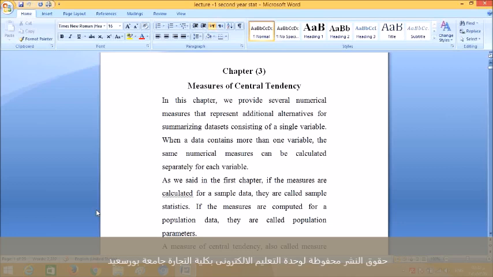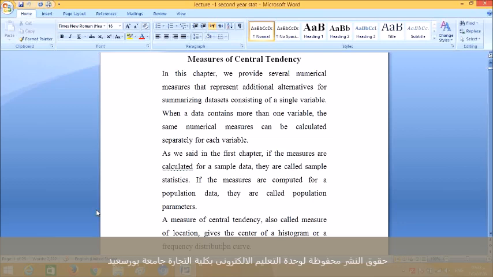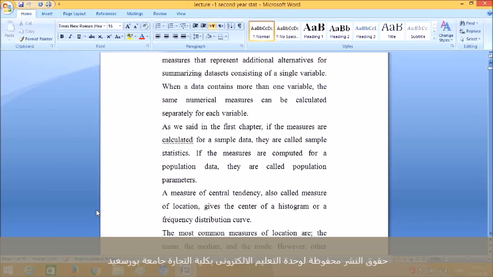The measure of central tendency, also called a measure of location, gives the center of the histogram or the frequency distribution curve. The most common measures of location are the mean, the median, and the mode.